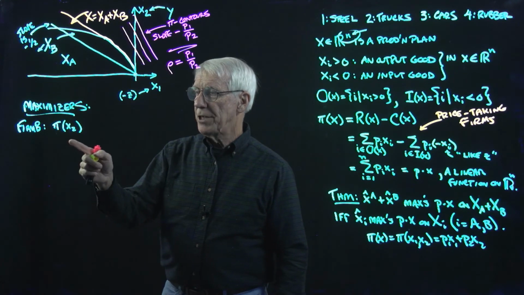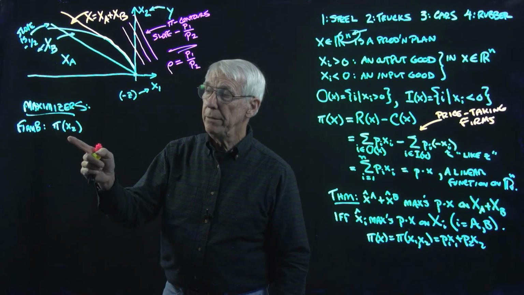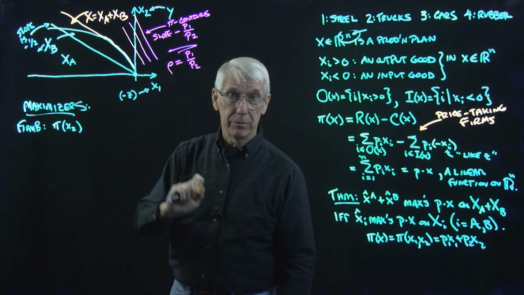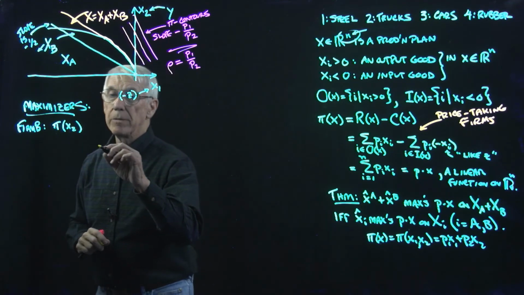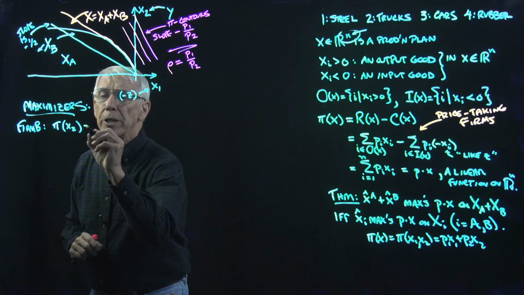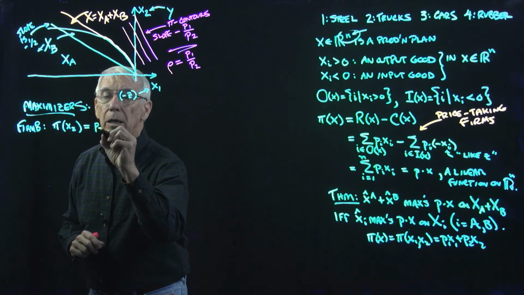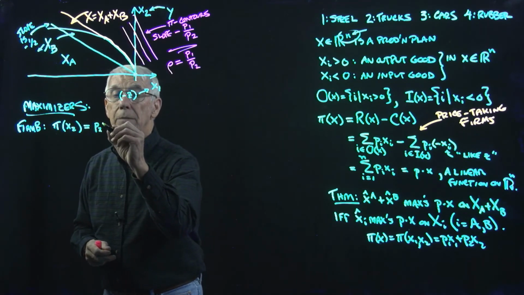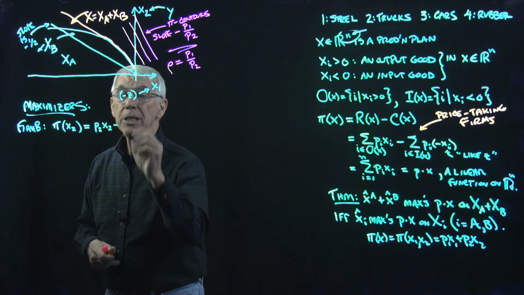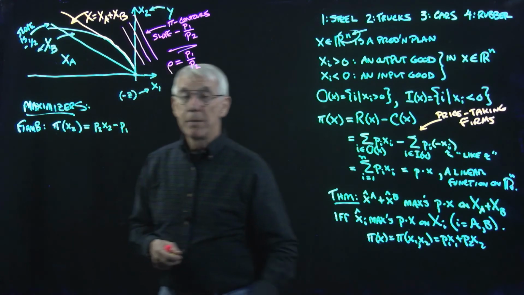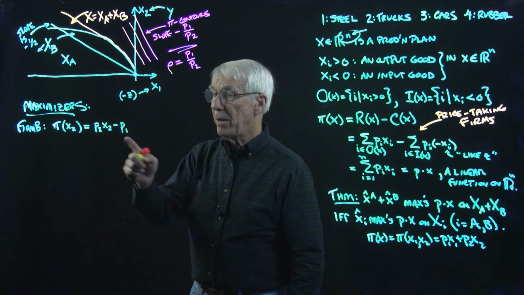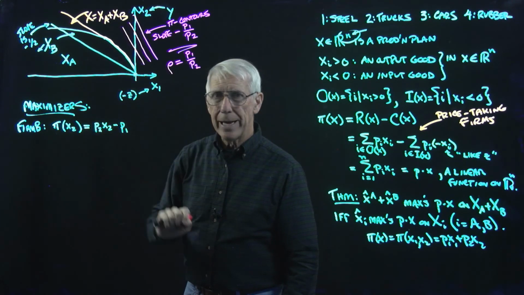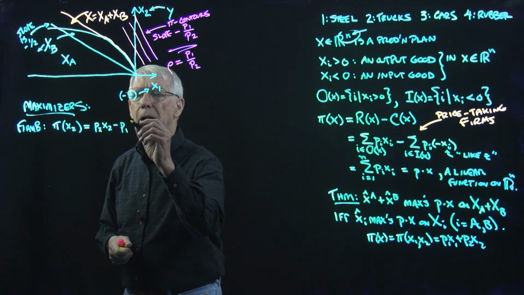And so I know that since x2 is the square root of negative x1, negative x1 is the square of x2. So this is going to be the price of the output good times the amount of the output good minus the price of the input good times the amount of the input good that the firm's using. But the amount of the input good, we're assuming the firm is going to use just the right amount of input to get that output, if you like, the minimum amount of input to get that amount of output.